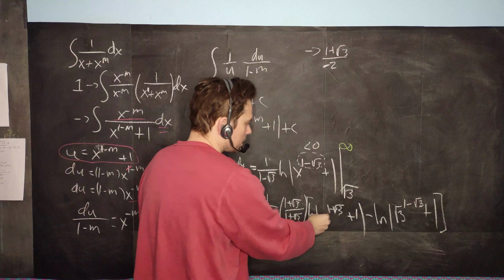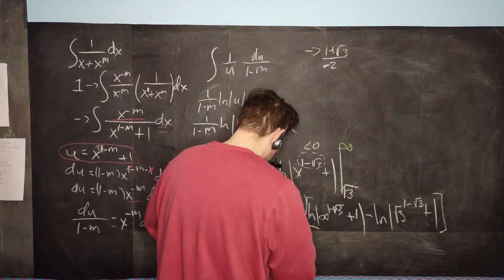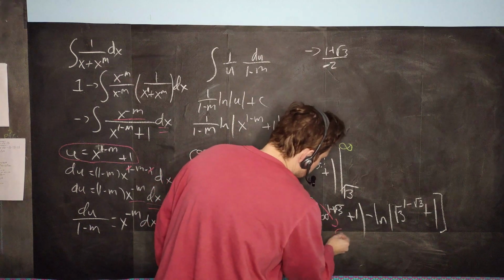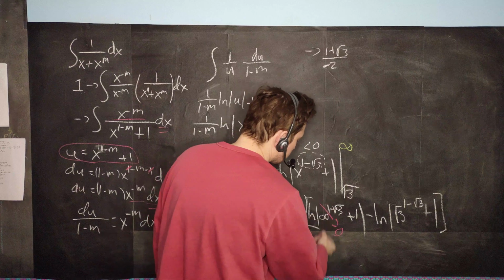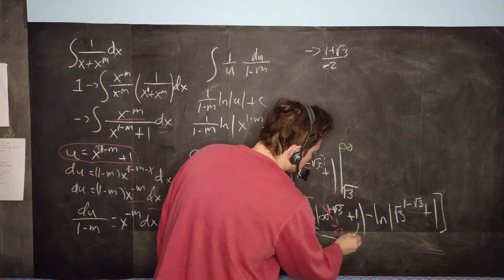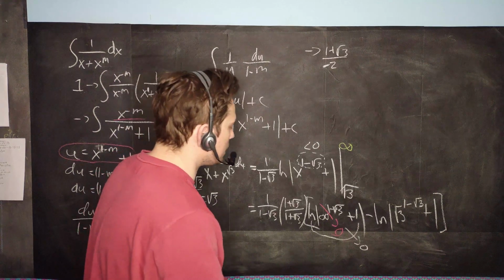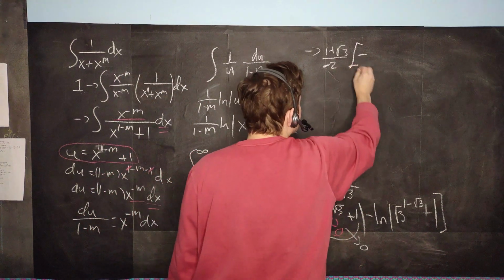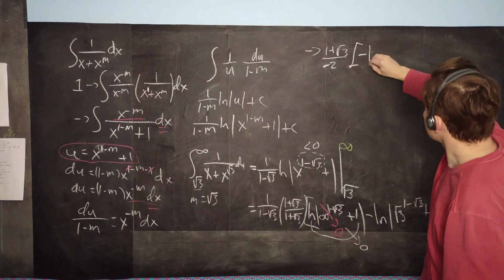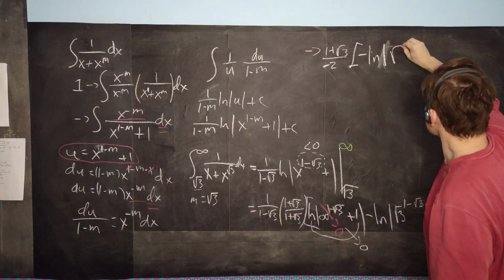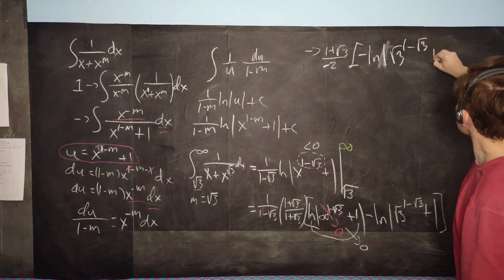Now this, again, because this exponent here is less than 0, that means this part right here will go to 0, and then you're going to end up with the ln of 1, which is 0. So that means this whole term basically is 0. It goes away. So that means you have just left over the negative here of that part, which is the ln of the root of 3 raised to this 1 minus the root of 3 plus 1.